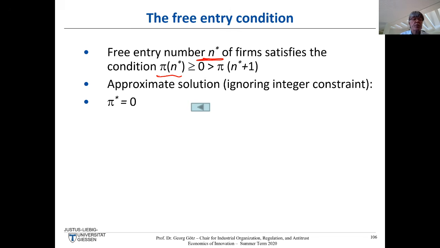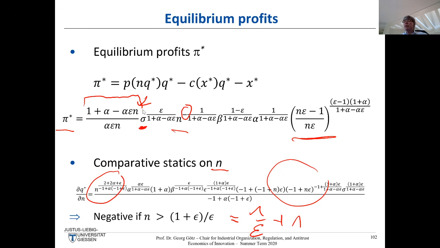Then it's straightforward to calculate the number of firms. Remember, it helps that we derived already the profit. Even though it's an ugly expression, the only thing we need is this expression up here, because if n makes this 0, pi is 0.